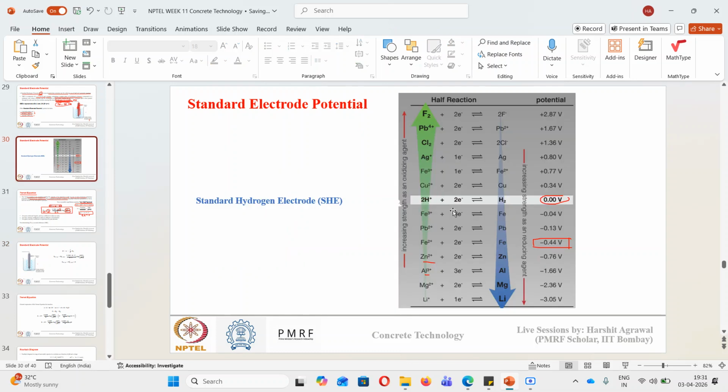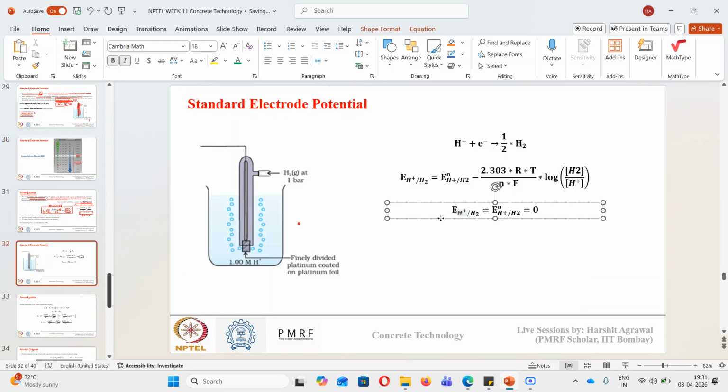This reaction has the absolute potential value of 0. So you can see that in any temperature condition, the value of the standard electrode doesn't change, and that's why this hydrogen ion system is used as a standard electrode potential.